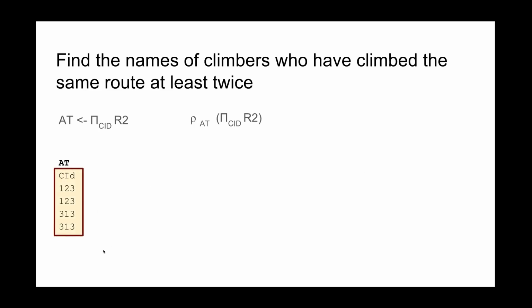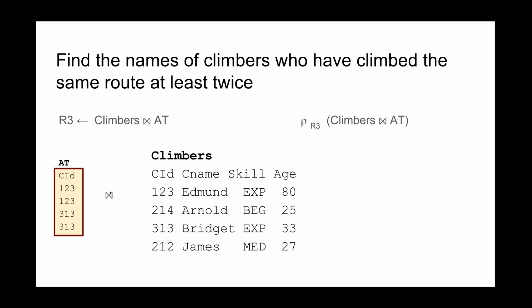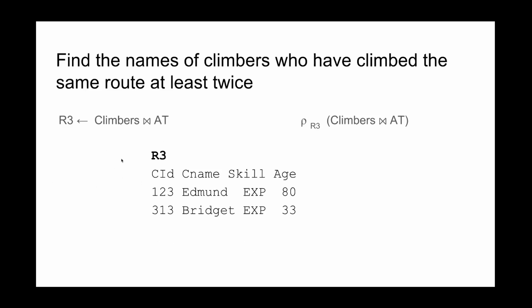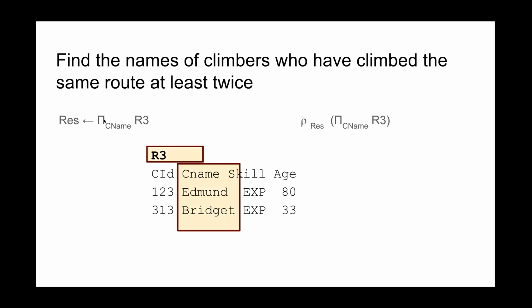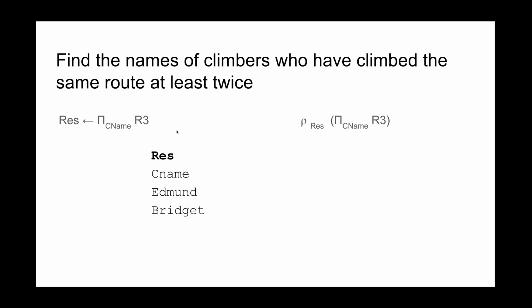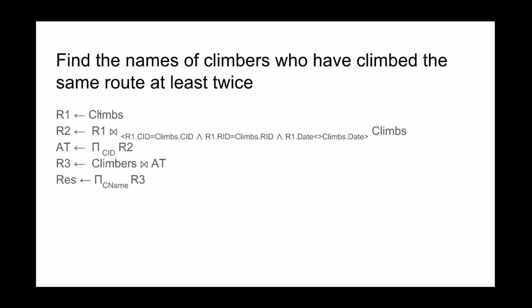Now we have A0, but let's finish this exercise by making the natural join between climbers and A0, keeping only the climbers that climbed the same route twice. This exercise says that we need to keep only the name and rename R3. We do that, and this is the result. Now we have A0 in the first exercise, A0 in the second one as an intermediate step, and A0 here.